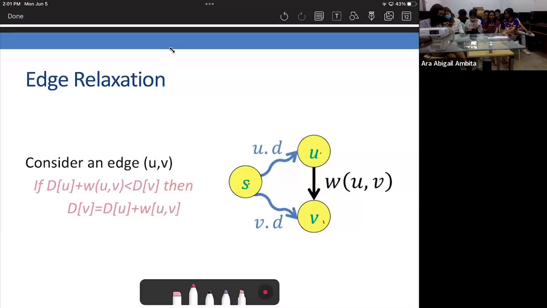Say that there is a path here from S to V and also there is a path from S to U and also U to V. Okay, so what are the two possible paths from S to V? So that would be D of V or you add D of U and then U to V. Okay, so which will we consider? Which path?